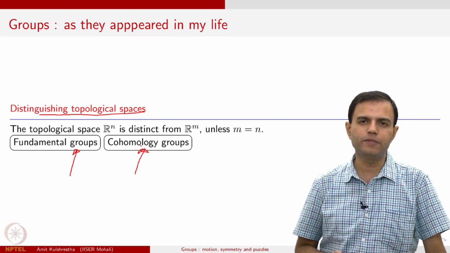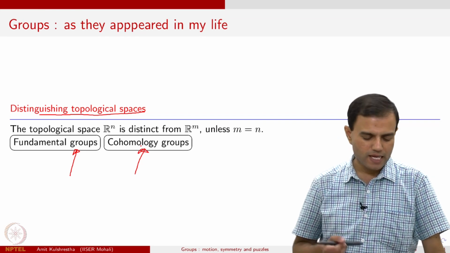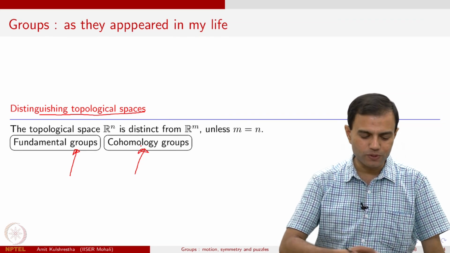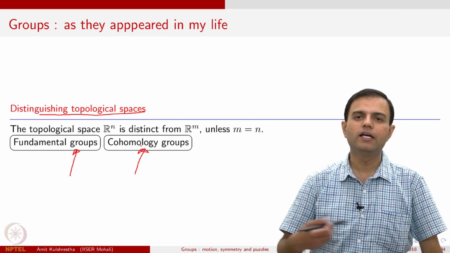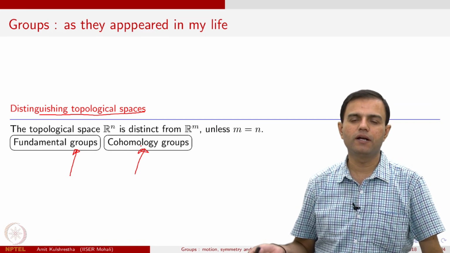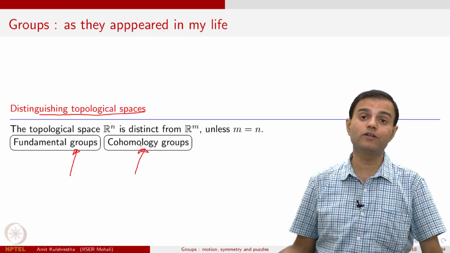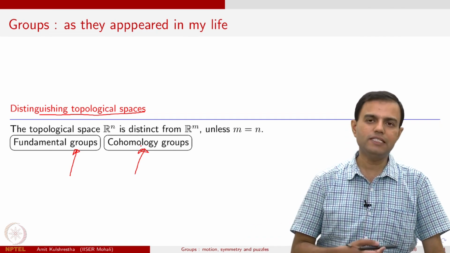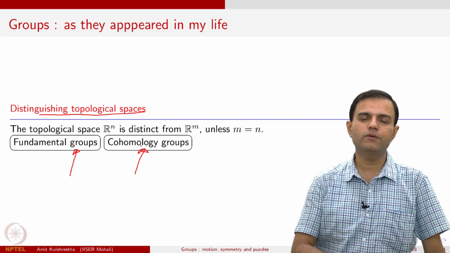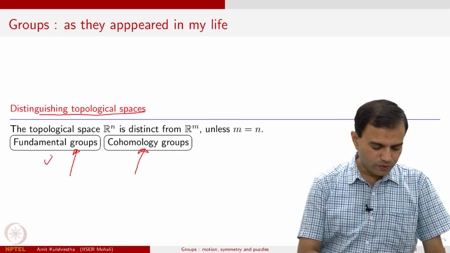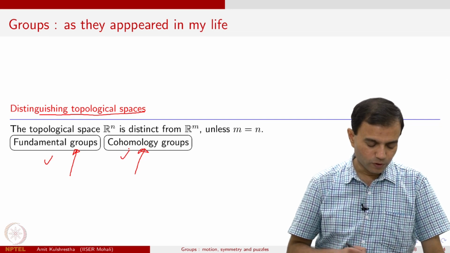To each topological space you associate some group, and you do this assignment in such a fashion that if these topological spaces are homeomorphic, then the associated groups are isomorphic. So if the associated groups are not isomorphic, then you can easily conclude that the given topological spaces are not homeomorphic. So there also one uses the concept of groups.